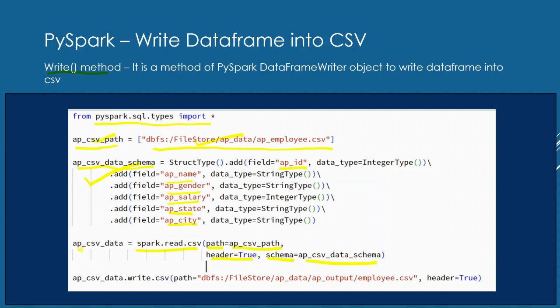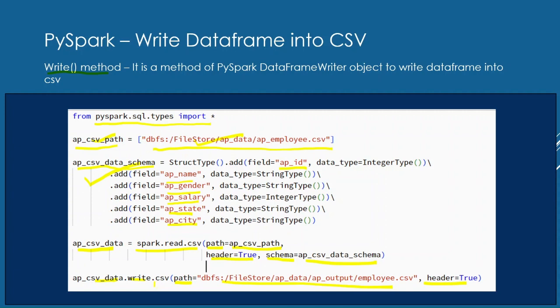When this data frame gets created, we are calling this write function from this CSV data frame. We are passing the path parameter, and this is the address of the CSV file, and header is true.